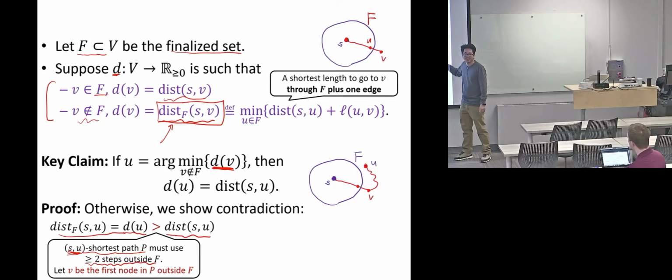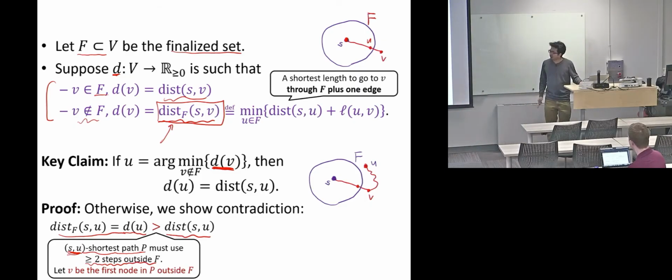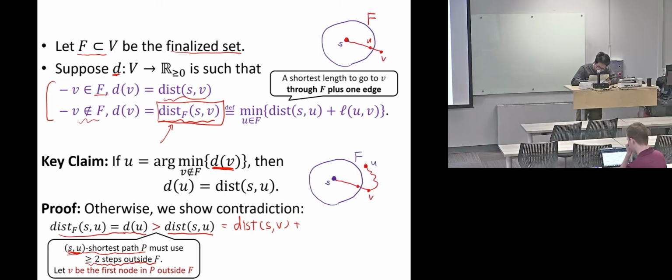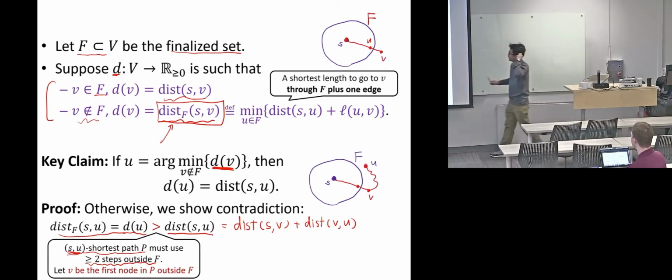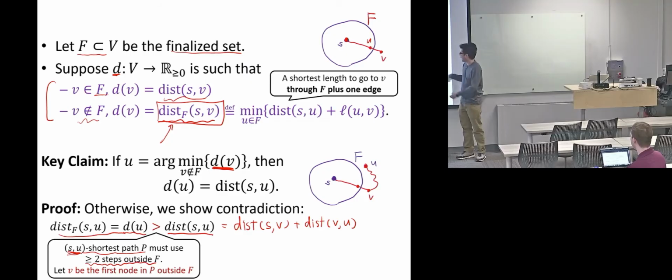That one is not U. V is not U. And so I can write down that the distance from S to U is the same as the distance from S to V plus the distance from V to U. This is just a property of shortest paths: when you take a sub-interval of a shortest path, you can just sum them up.